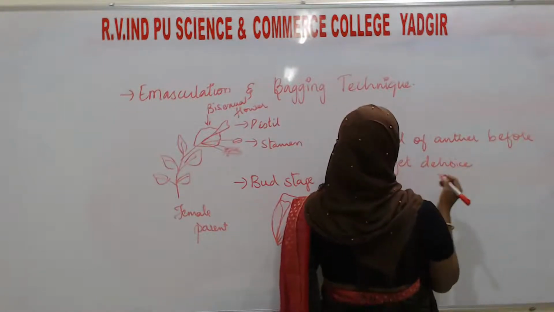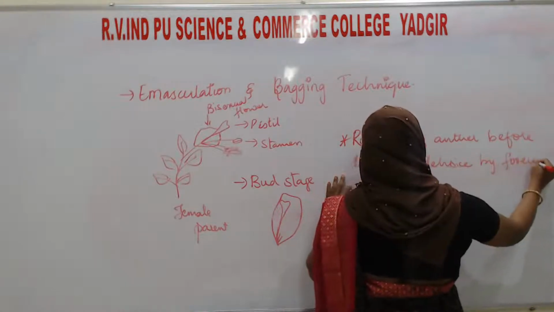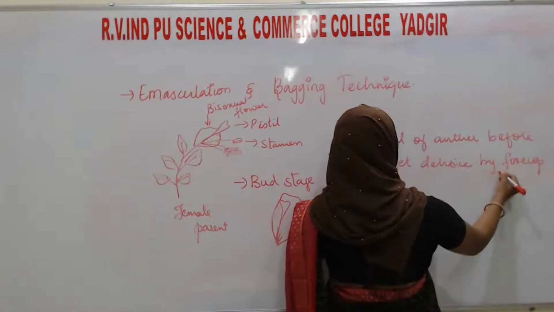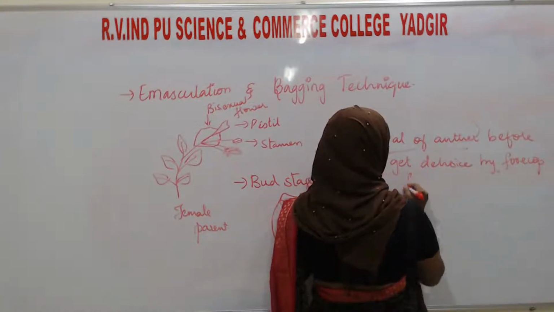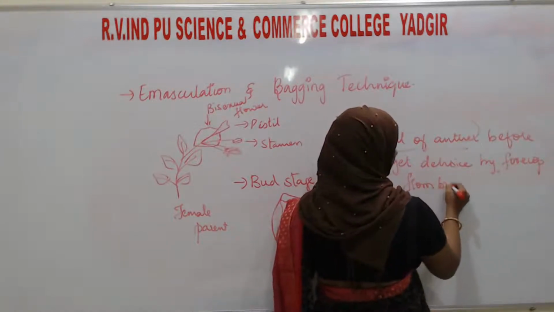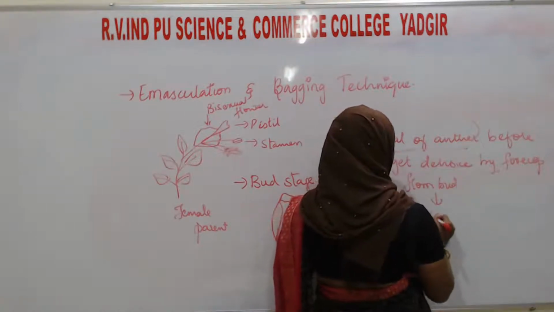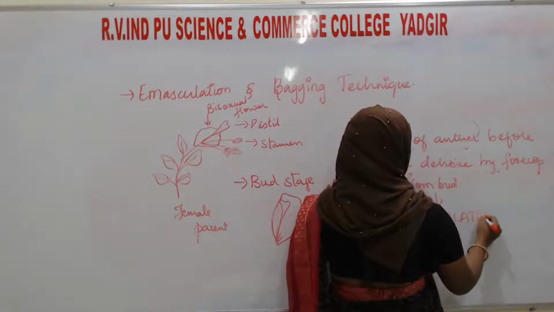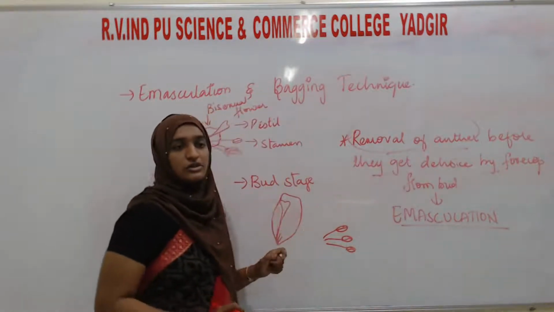Removal of anther before they get dehisced by forceps. By using the forceps, this step of removal of anther from the bud, okay, this step is known as emasculation. What is it known as? It is known as the emasculation.